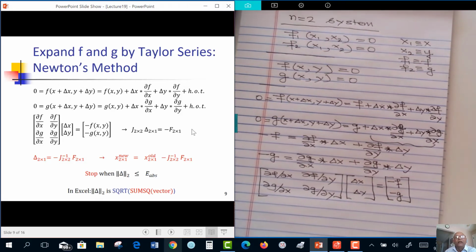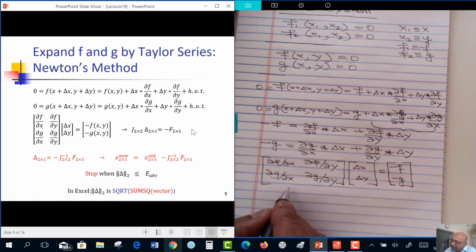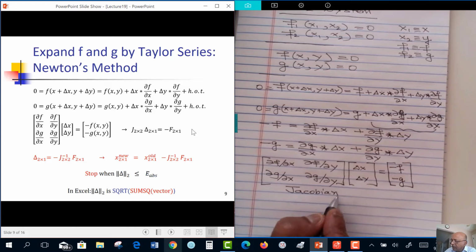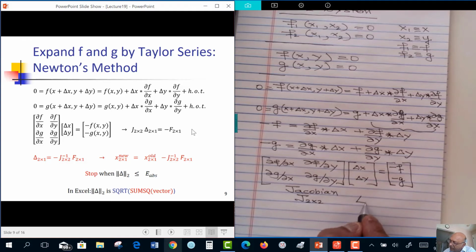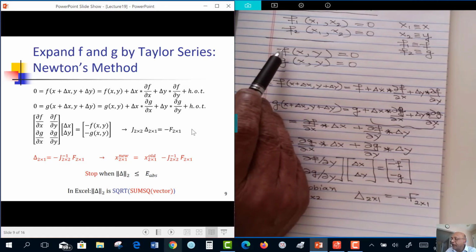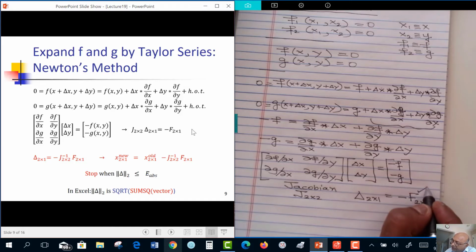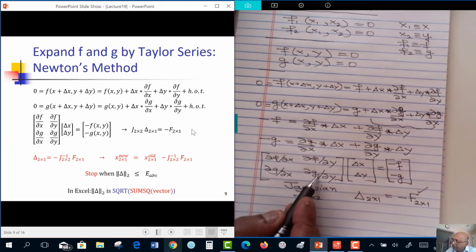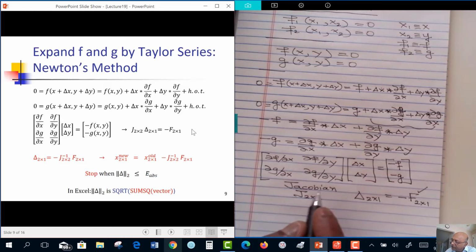This matrix is called the Jacobian. So we'll write it as J, it is 2 by 2. This is our delta matrix, which is 2 by 1. And this is our F matrix, which is 2 by 1. So obviously, once we have an initial guess, x and y, we can calculate f and g. If we know the partial derivatives at our initial guess, then we know J, so we just need to solve for delta.